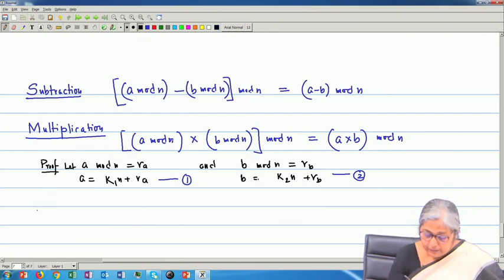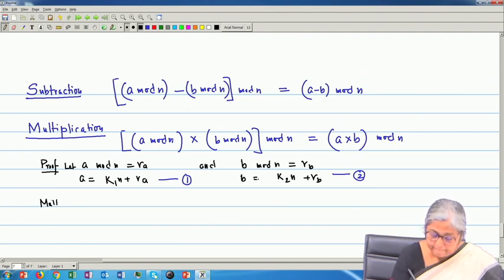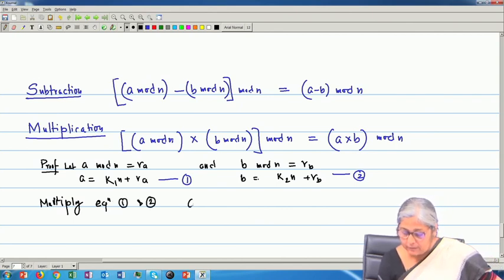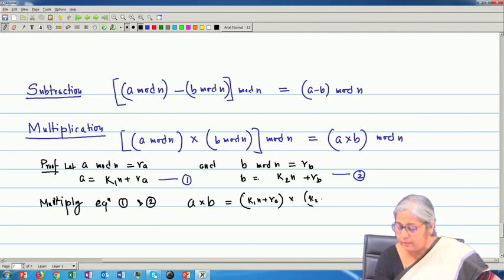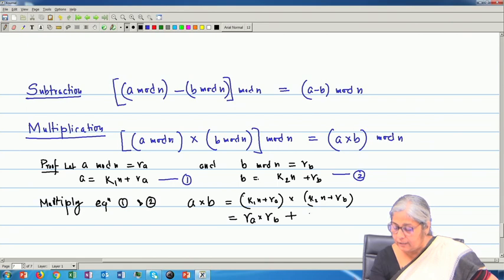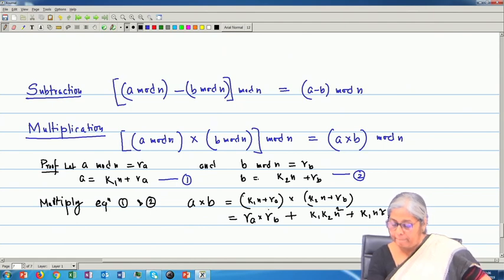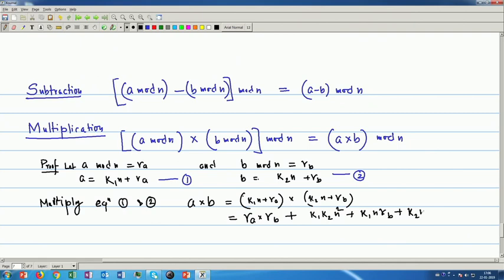So, if I multiply equations 1 and 2, we will be getting A into B equal to k1 n plus R_A into k2 n plus R_B, which gives R_A into R_B plus k1 k2 n square plus k1 n R_B plus k2 n R_A.